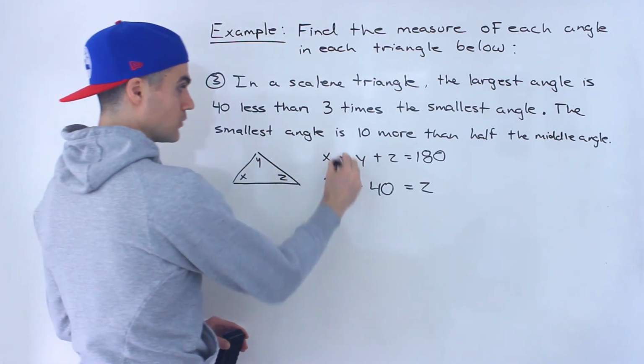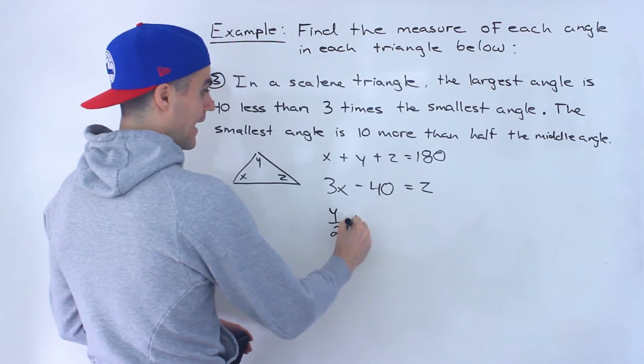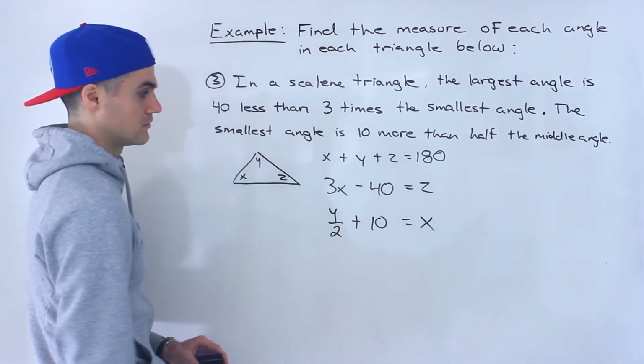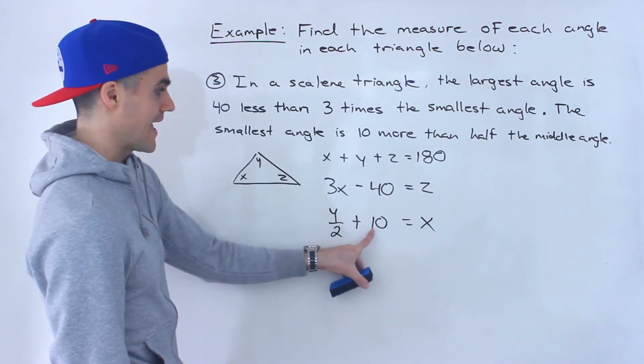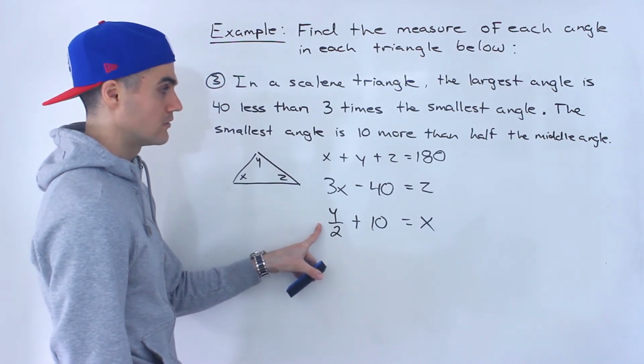So if we take the middle angle, which is y, divided by 2, half of that, and then add 10, we would end up with the smallest angle, like that.